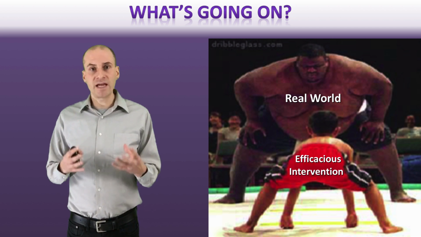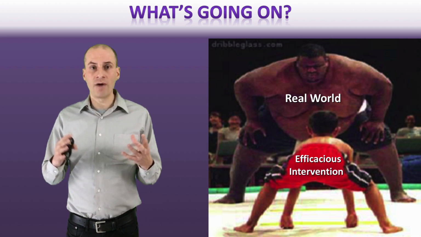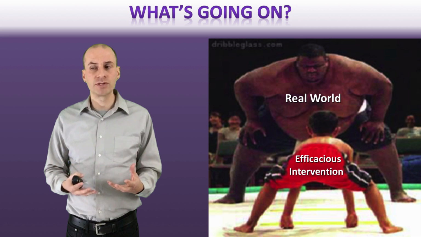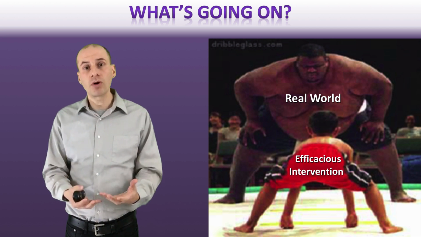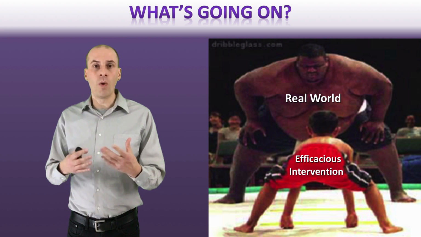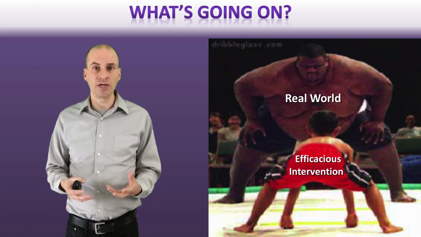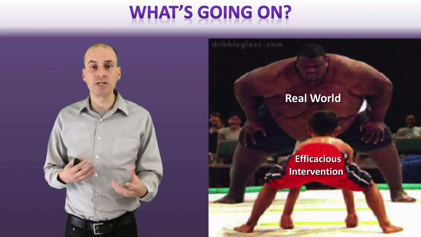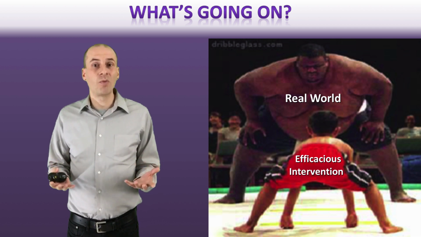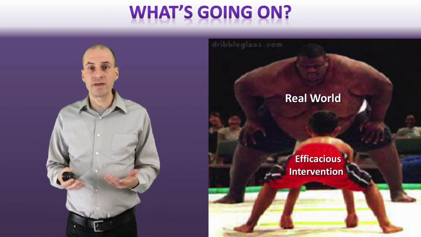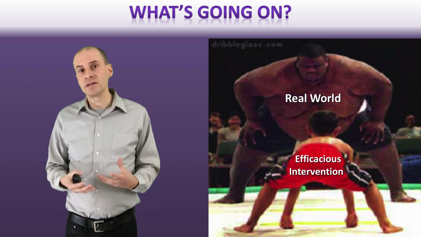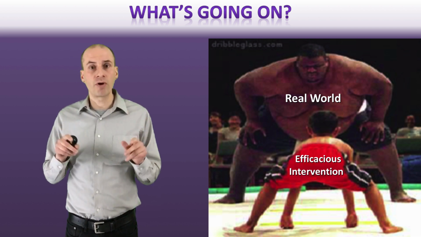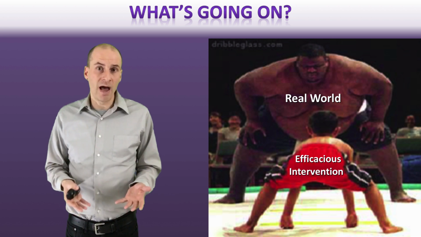So these efficacious interventions, which often are very intensive and have a lot of resources devoted to them, when you take them and you try and use them in the real world with a wide range of people in the population and clinicians who may or may not be trained to use it, well, it turns out that they don't work very well. And as a result of this, a lot of these interventions that are designed in these sort of perfect ways actually fail.